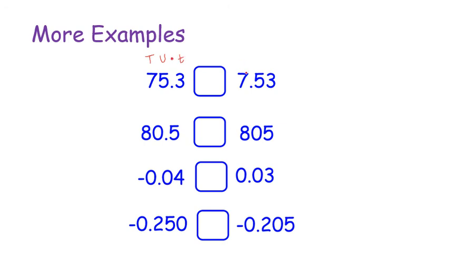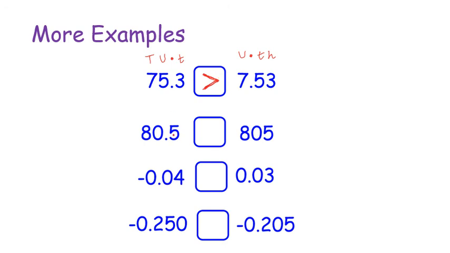And on this side, the 7 is in the units column, the 5 is in the tenths column, and the 3 is in the hundredths column. Now we know that if this number is starting in the tens column, that's definitely larger, so greater than. 75.3 is greater than 7.53.